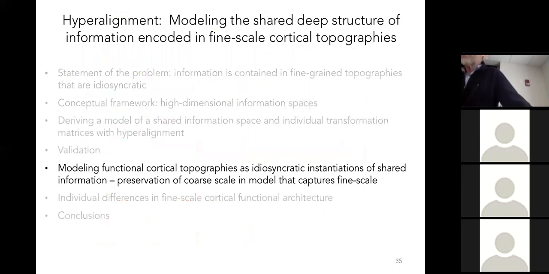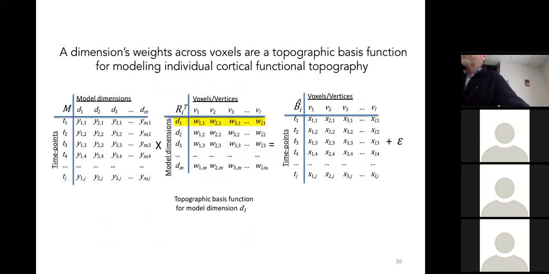And now I want to talk about what happened to topography. What are these topographies? I'm talking a lot about topographies, but can we say anything about what they look like? Can we model them? And this framework produces an alternate model for functional cortical topography.